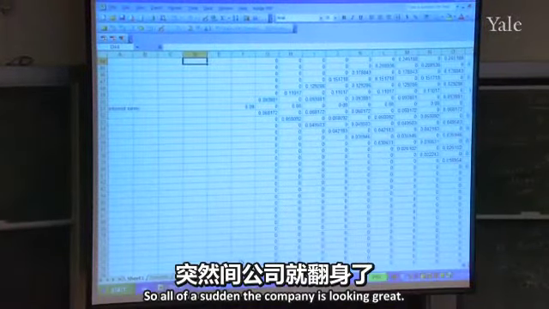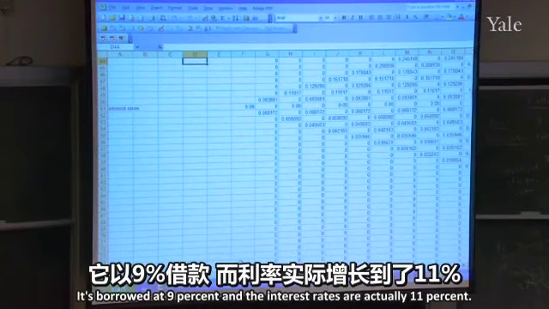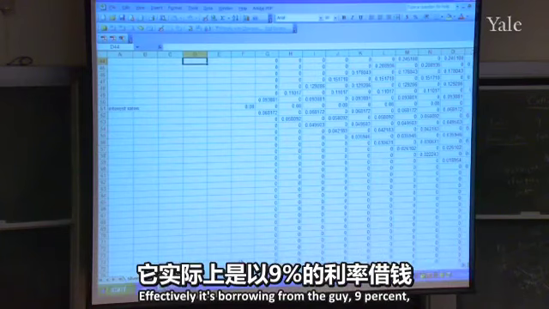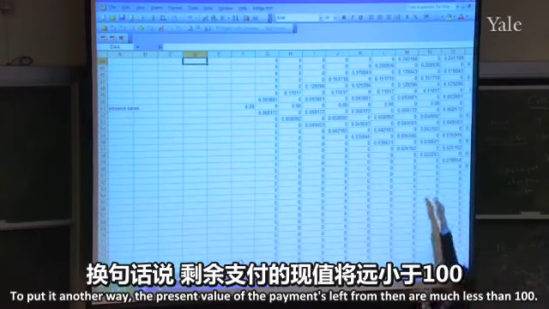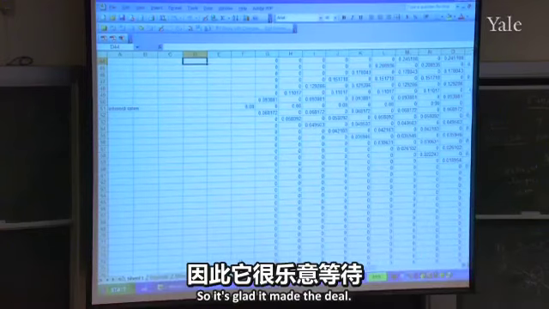So all of a sudden the company is looking great. It's borrowed at 9%, and the interest rates are actually 11%. Effectively it's borrowing from the guy at 9%, and it's able to invest the money at 11%. To put it another way, the present value of the payments left from then is much less than 100. So it's glad it made the deal.